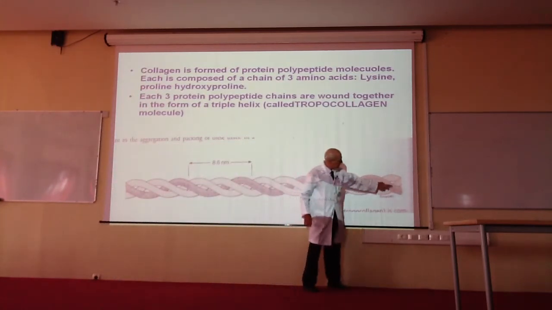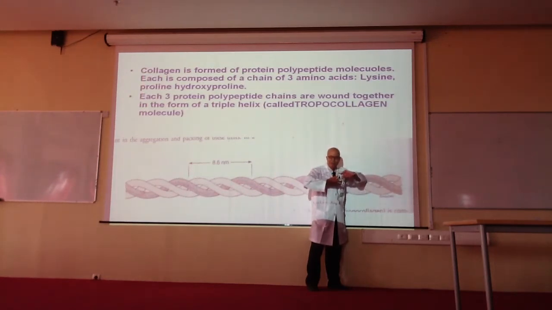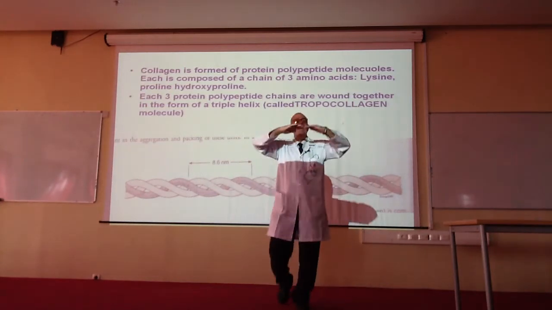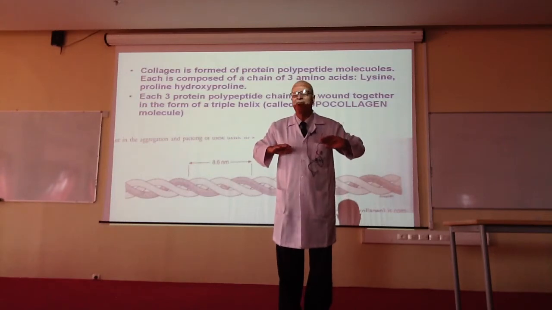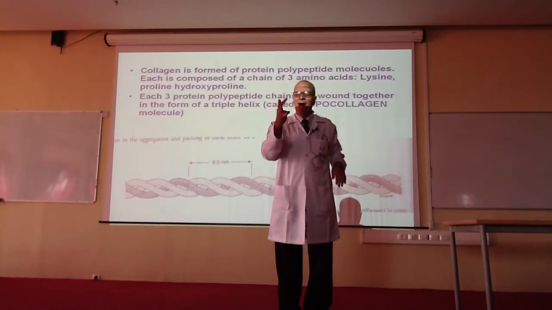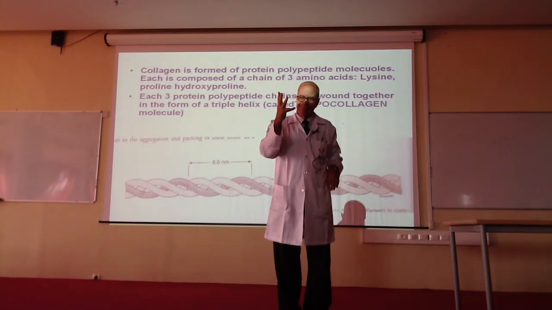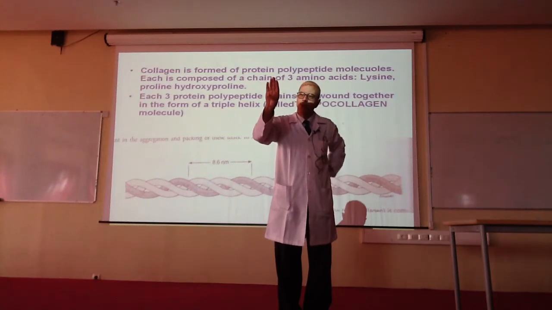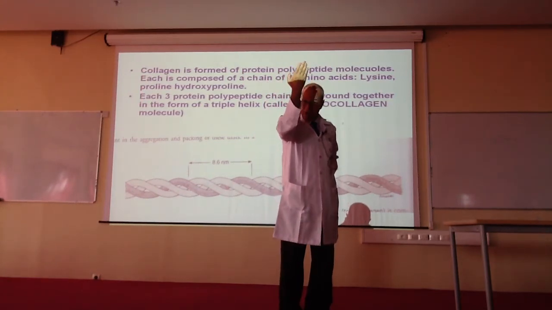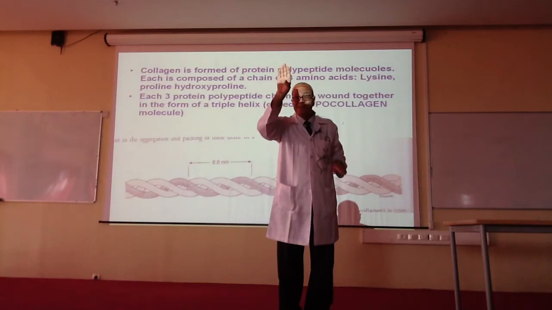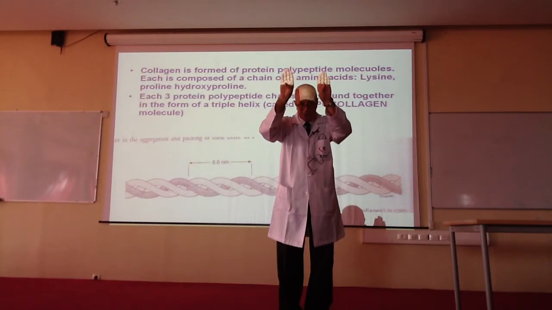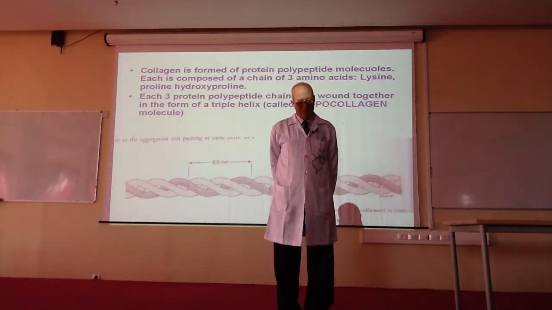This is 1, the second, the third, forming a helix around each other. When these molecules come beside and arrange over each other, they form collagen fibrils. When the collagen fibrils collect, they form collagen fiber. When the fibers collect, they form collagen bundles. One more time? Yes. One more time.